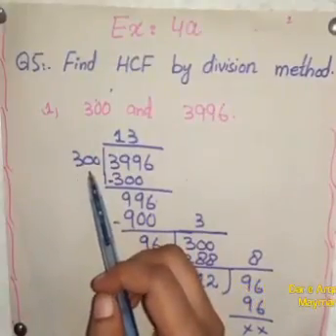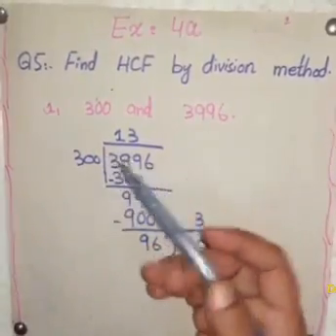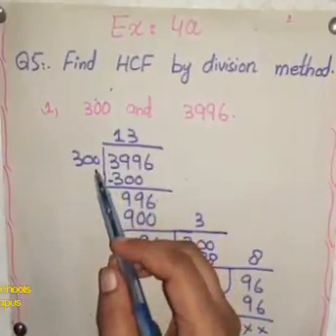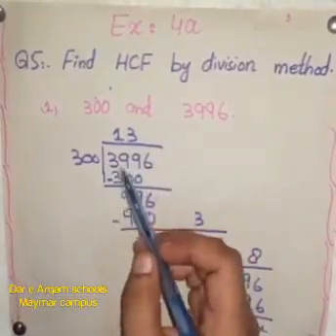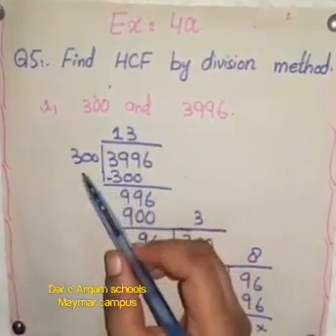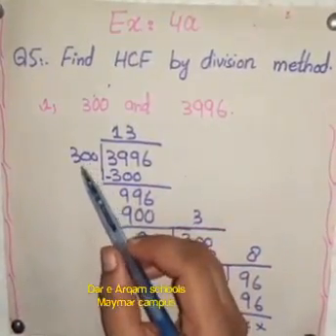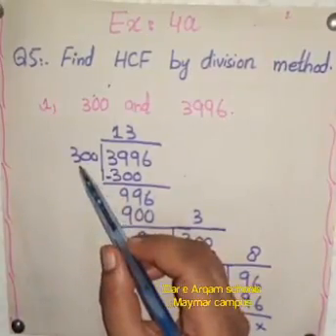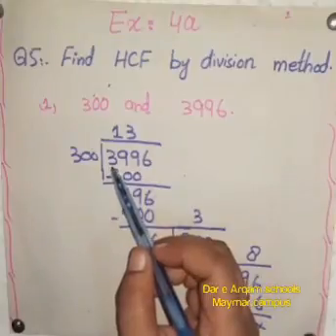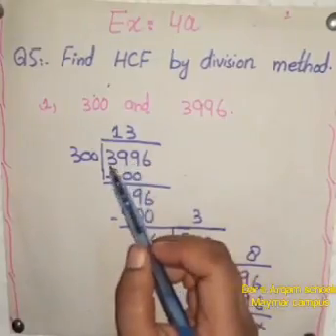So we will start dividing these numbers until we get the minimum remainder, and we have to use all of these digits. First, because our divisor is 300, we need to take the number which is greater than 300. That number will be 399.